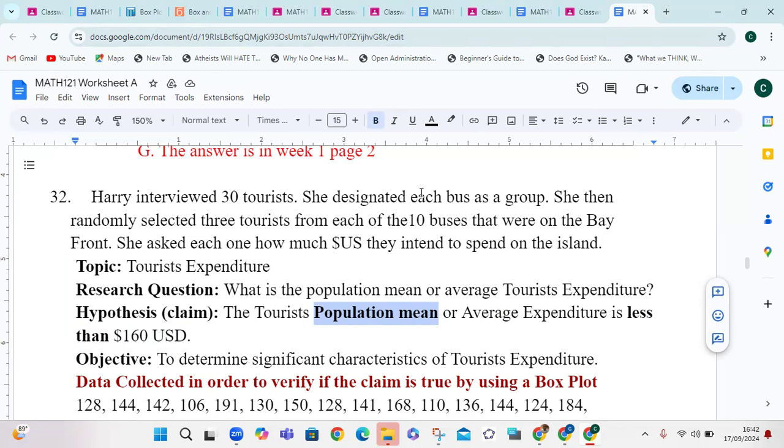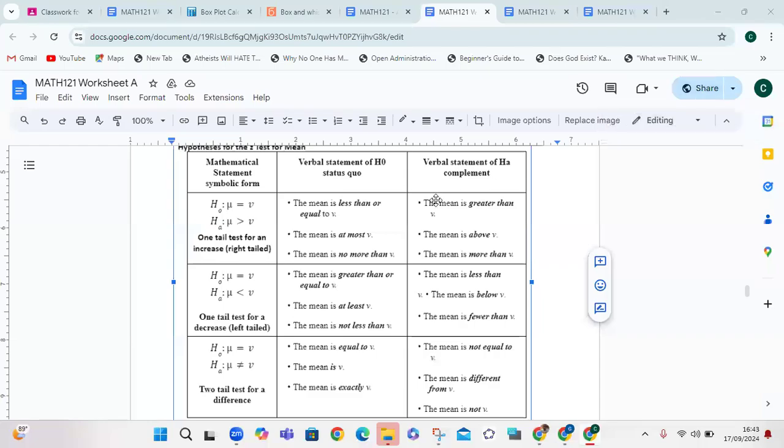There's a table that we are going to use to do that. So in this table, you can see the words and the symbolic form of pairs of hypotheses. Here they are. This is a very important table.